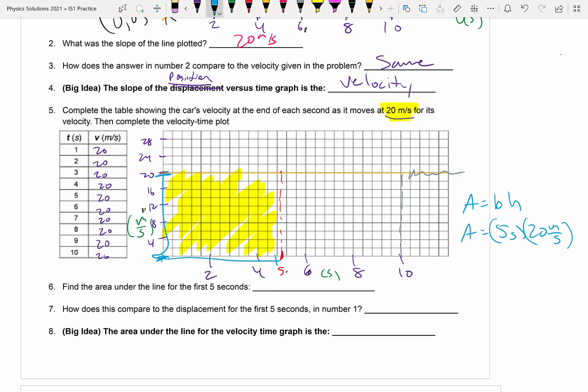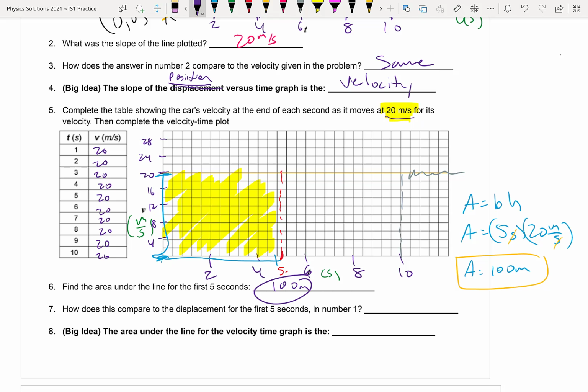So 5 times 20 is 100. With meters per second times seconds, the seconds cancel out, and I get 100 meters. So the area under the line for the first 5 seconds is 100 meters.